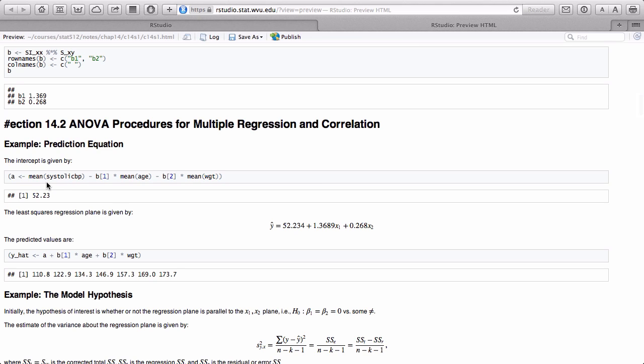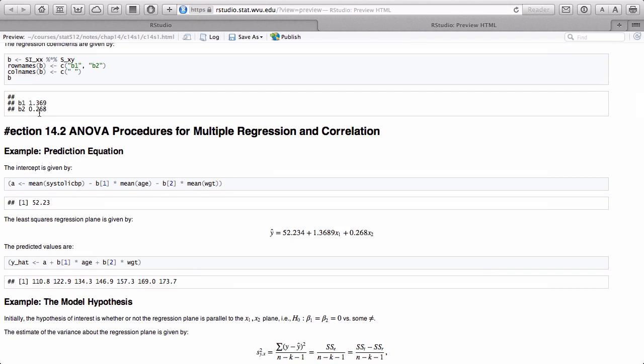Now, the way we can get the intercept then, remember, A was equal to y bar minus B1 times the mean minus B2 times the mean. I'm actually using R behind the scenes to compute these. This is B1 and B2. If I multiply y bar, which is the mean of systolic BP, minus B1, which is that element up here, times the mean age, and B2, which is this element right here, times the mean weight, I get A. So this is my model.